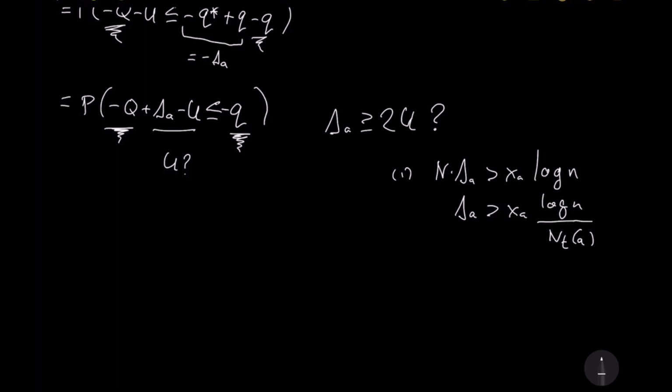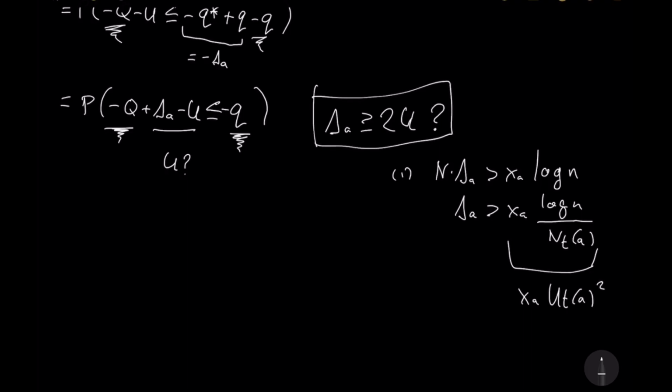So this term here is equal to xa times u_t,a squared. But what we wanted is the delta to be larger than 2u. Instead, we have that delta is larger than x times u squared.